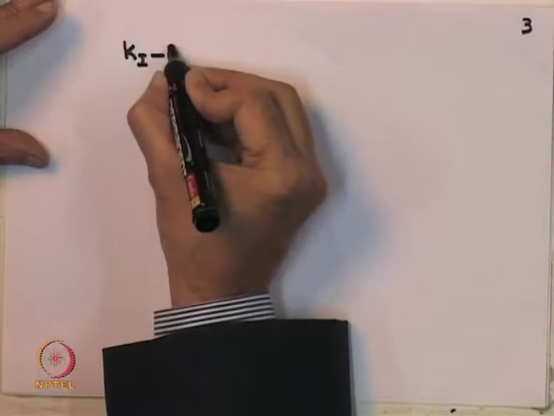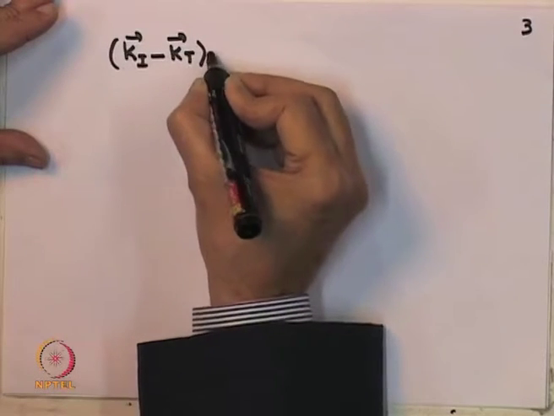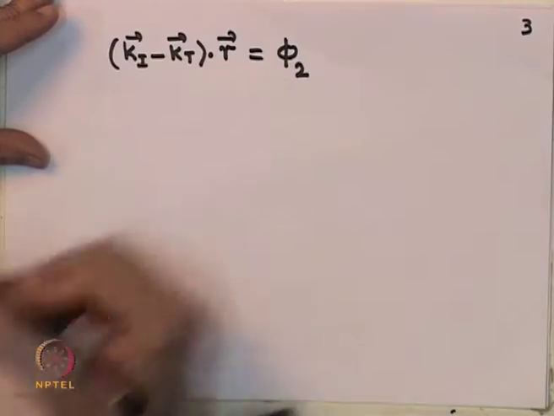Let us try to prove Snell's law. This is done almost similarly, because we have said that (k_i minus k_t) dot r, just as we had for k_i minus k_r dot r, is equal to phi 2, which is another constant.